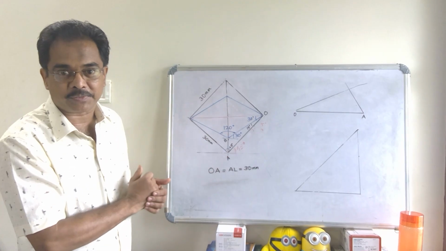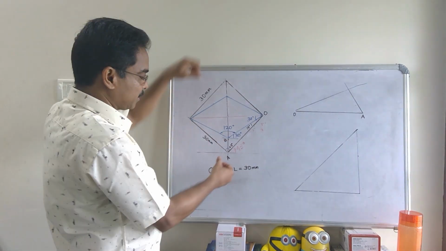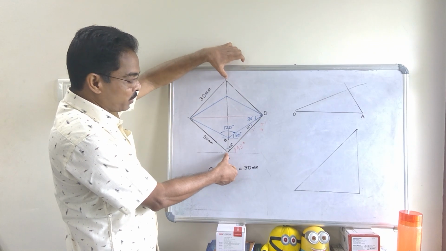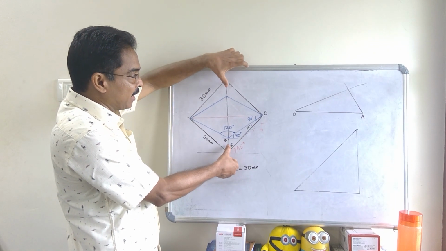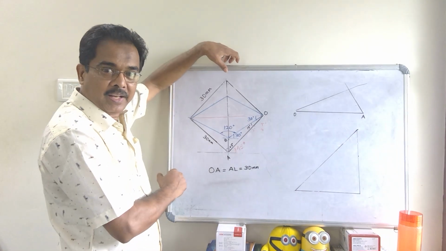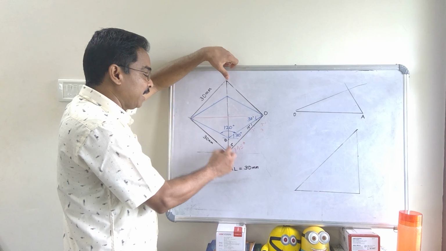How is it possible? We will be applying a simple technique. If you slightly compress this solid from both these ends, we can increase the angle between these two sides. So I am slightly compressing this, changing the angle.